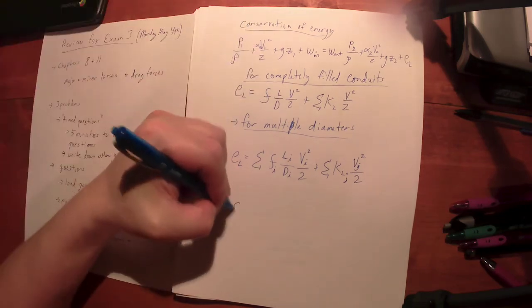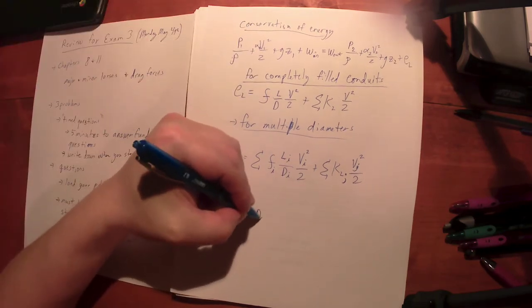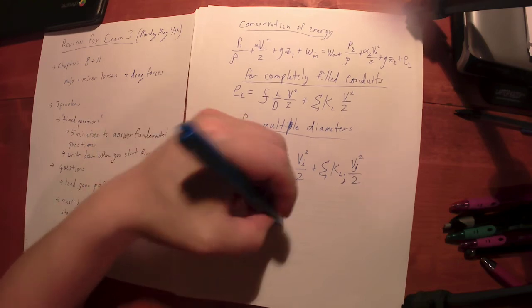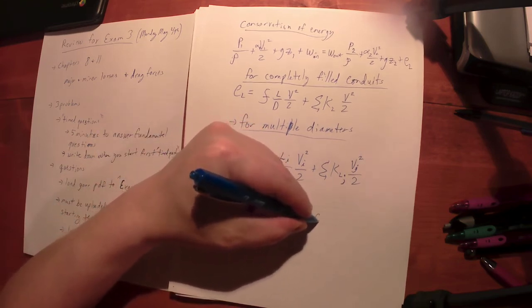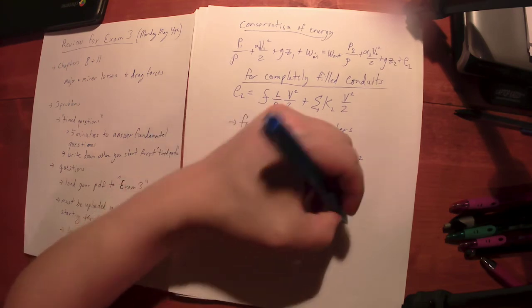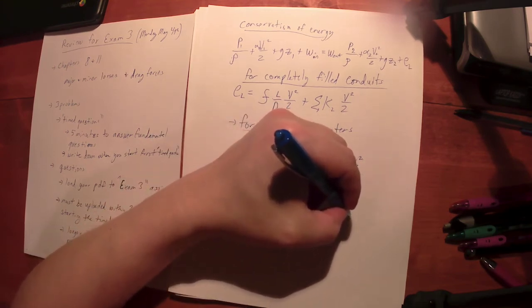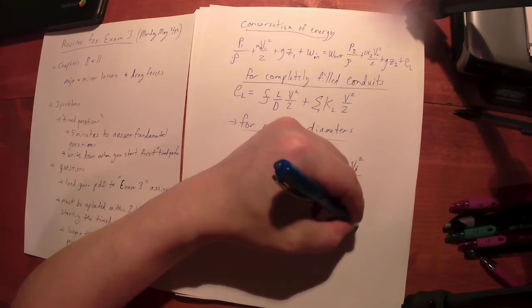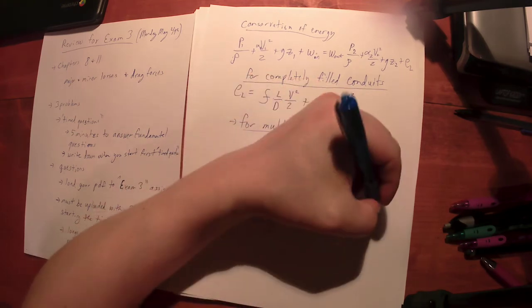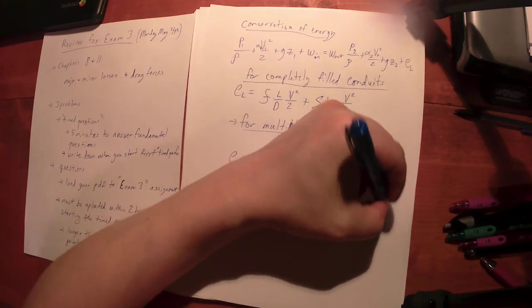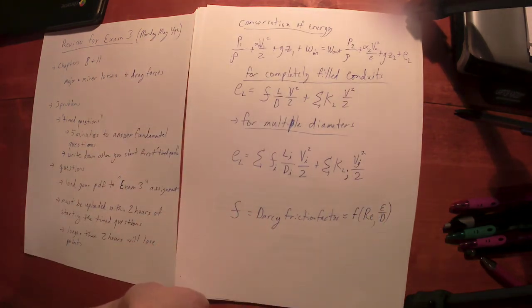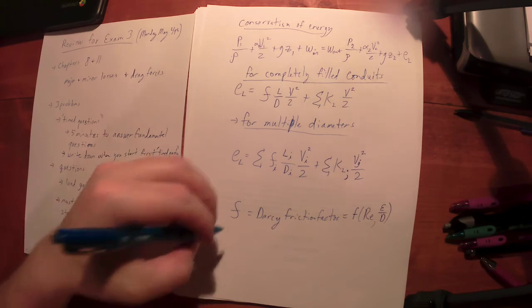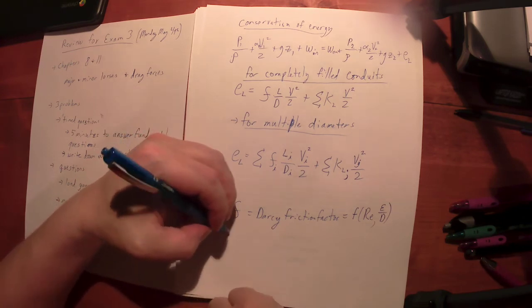Okay? Again, this Darcy friction factor is going to be a function of the two dimensionless quantities, the Reynolds number and the relative roughness, epsilon over D. And what we did is we said, well, there's a couple of options.